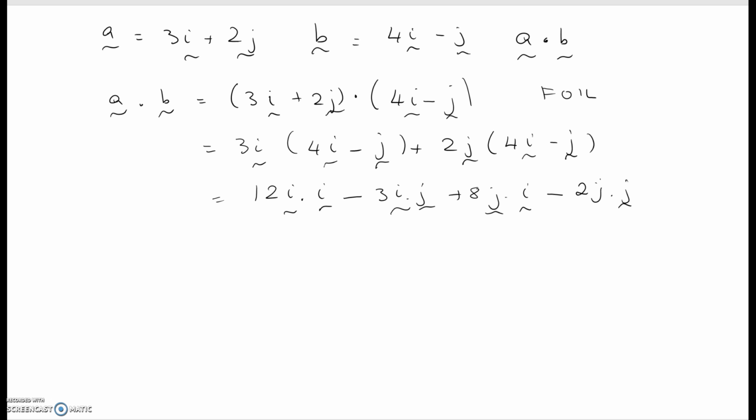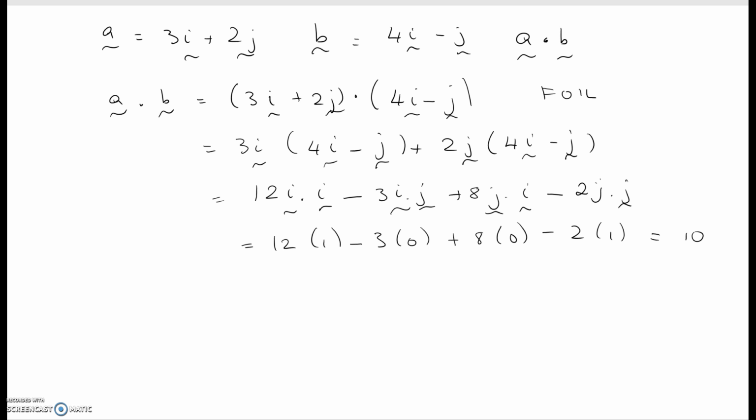Now from the previous slide we know what they are, so therefore that's equal to 12 times 1 minus 3 times 0 plus 8 times 0 minus 2 times 1, which is 10.